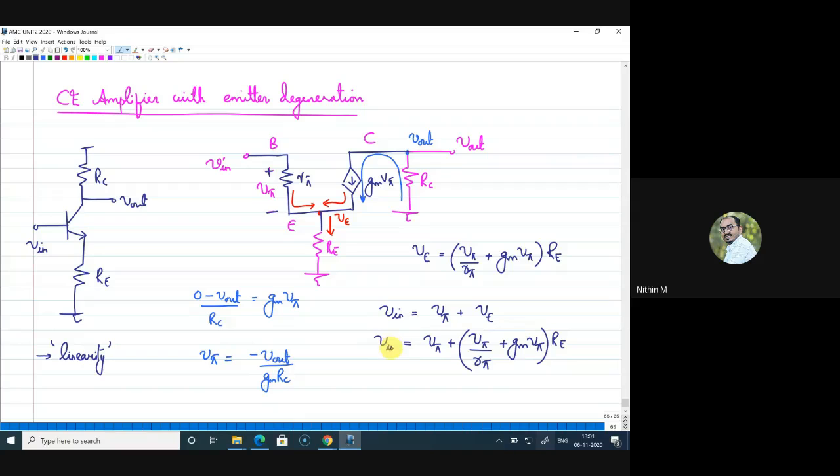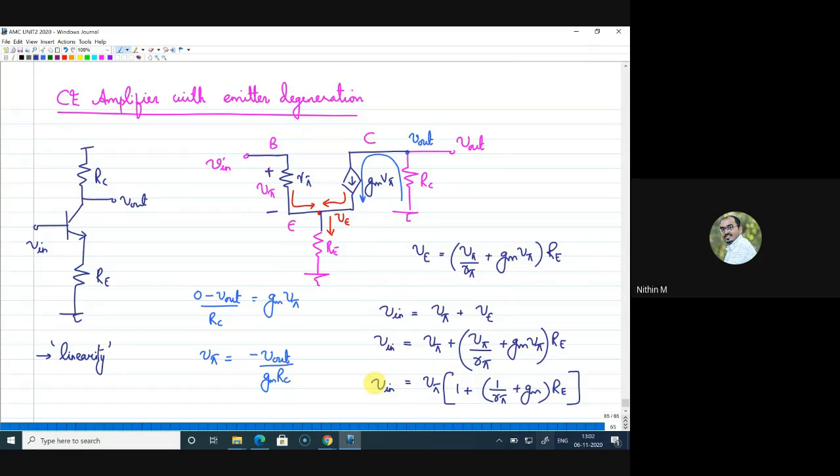This is V in, right? You can actually do this in different ways. You can take out V pi from this. So I'll take V pi out: it is 1 plus 1 by R pi plus gm into RE. So this is V in.